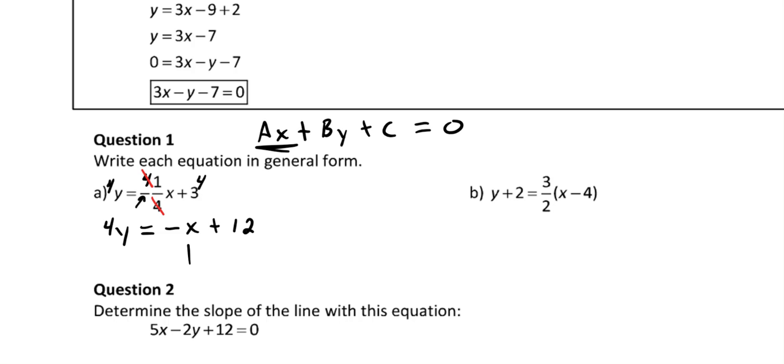So I'm going to bring this x term over to the other side to make it positive. So we'll add x to both sides. So we've got x plus 4y is equal to 12. And then what's the very last thing you'd do there? Yeah, we'll bring the 12 over too. So we'll just subtract 12. So we end up with x plus 4y minus 12 is equal to 0.